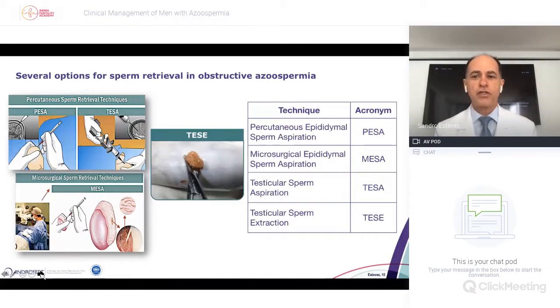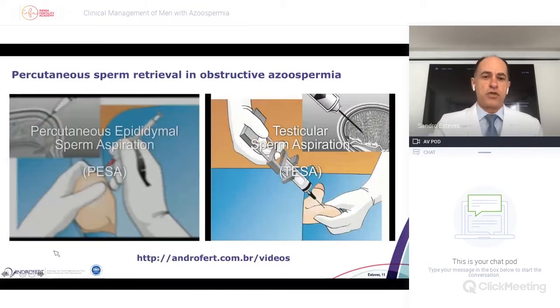We can also offer microsurgical epididymal sperm aspiration. We can offer testicular sperm aspiration by needle aspiration. And we can also offer open testicular sperm extraction. So the options are plenty. Regardless of the techniques, it will be easy to identify sperm using these operations.